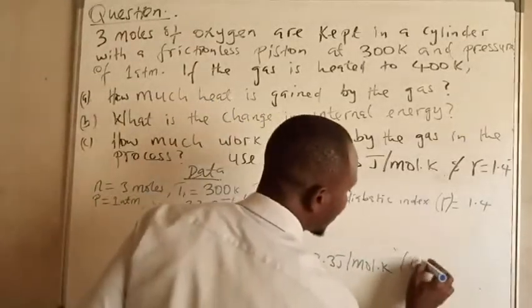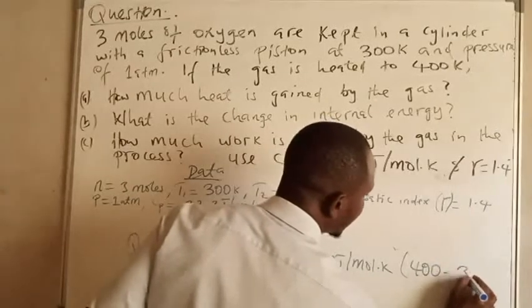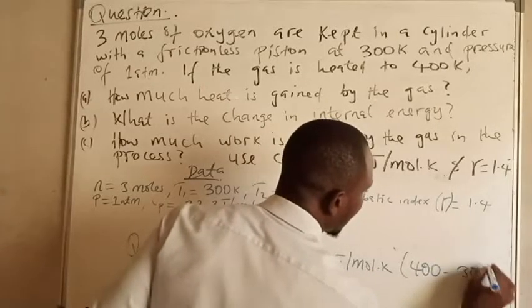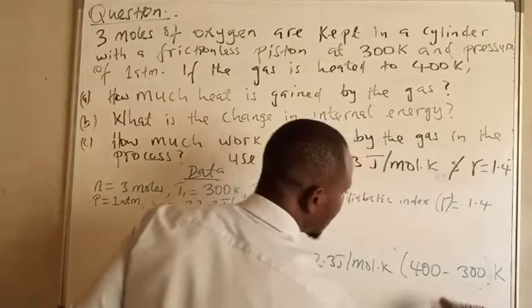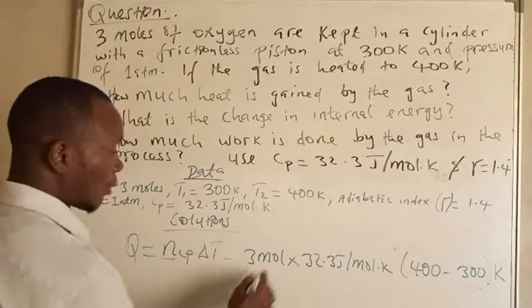We have 400 as the T2 minus 300. All these are in kelvins.